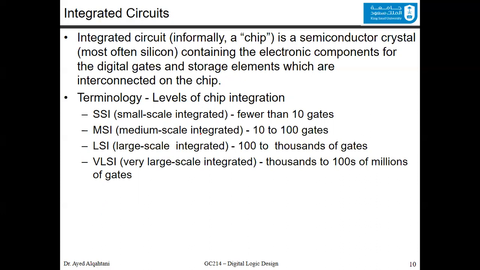MSI is medium-scale integration. LSI is large-scale integration, and VLSI is very large-scale integration. You can see that SSI has fewer than 10 gates, MSI between 10 and 100, LSI from 100 to 1,000 gates, and VLSI from thousands of gates to 100 of millions of gates.